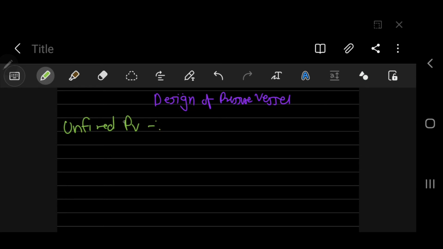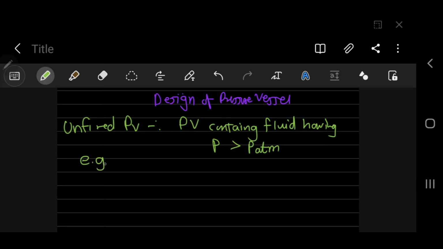An unfired pressure vessel is a pressure vessel containing fluids having pressure greater than atmospheric pressure. What are the examples of unfired pressure vessels? The first is the heat exchanger, and the second is the evaporator.